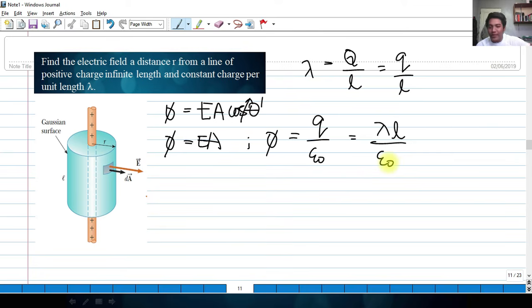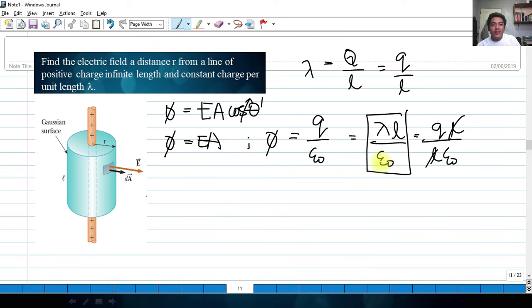Why does that happen? Lambda is charge per unit length, so charge per unit length multiplied by length gives charge. It turns out that this equation is the same as Q over epsilon sub 0, because the L's cancel out: lambda times L over epsilon sub 0.